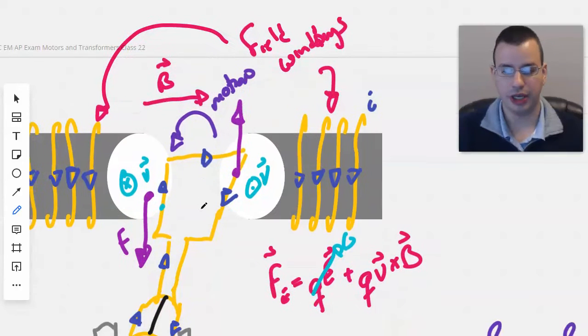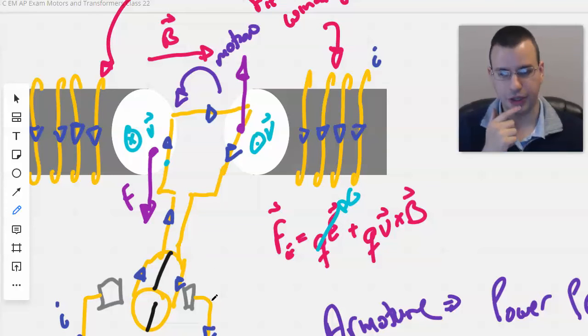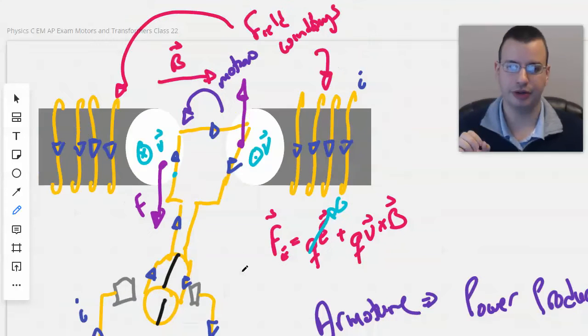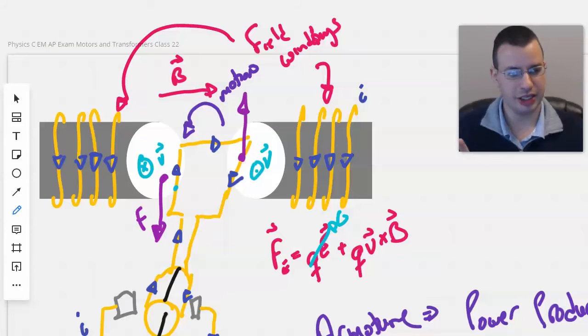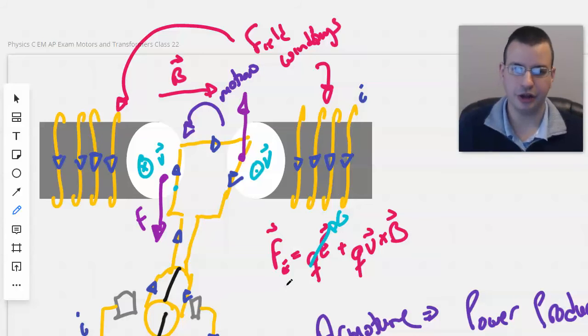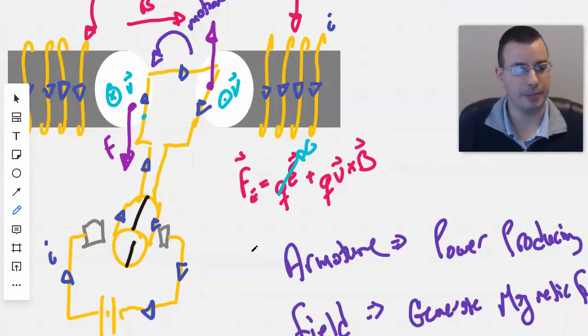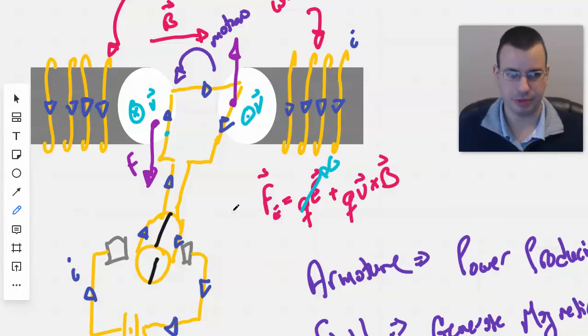The armature winding then creates either current or motion to interact with the field windings. As a general idea, the field windings produce the magnetic field, and the armature windings produce the power, whatever you're doing, either electrical or motion, depending on generator or motor.